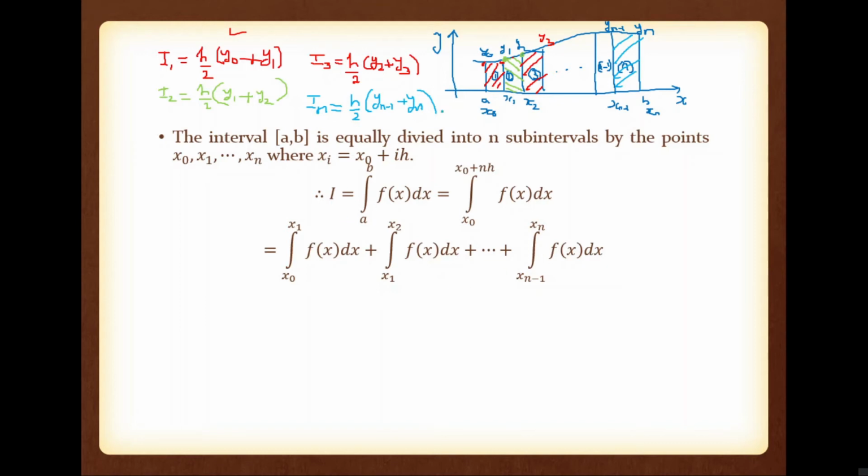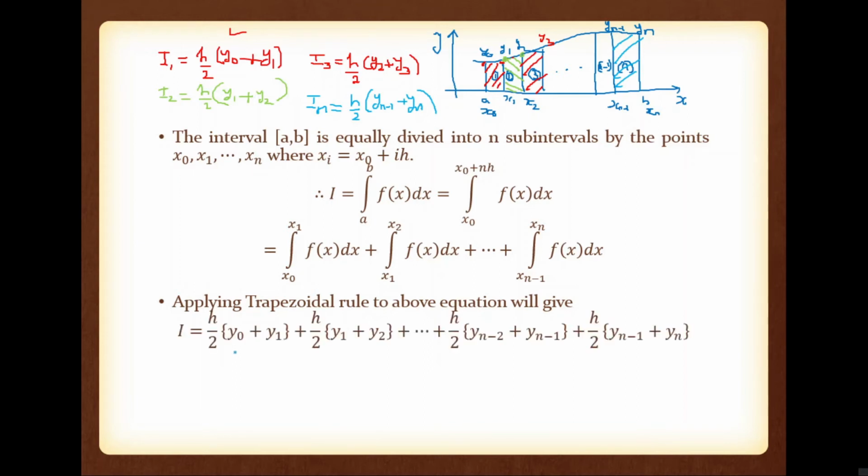Okay, we already discussed that. Applying the trapezoidal rule to each integration or each segment, we have I is equal to h by 2 into y0 plus y1 plus h by 2 into y1 plus y2 plus etc. plus h by 2 into yn minus 2 plus yn minus 1, that is the n minus 1 segment, plus h by 2 into yn minus 1 plus yn, that is the last segment.